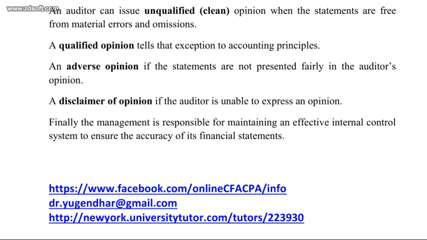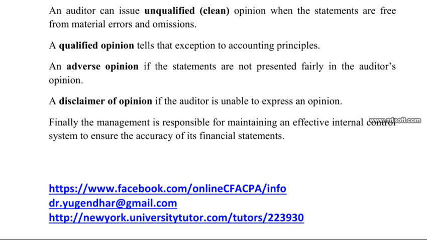The auditor gives almost four types of opinions. The first and most important opinion is the unqualified, clean opinion. This is issued when the statements are free from material errors and omissions.